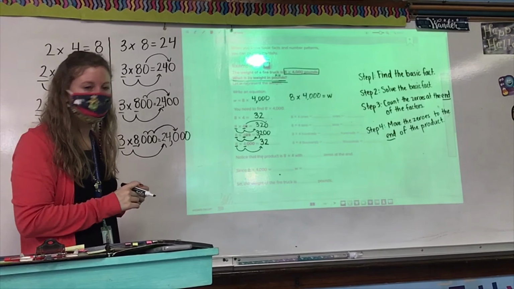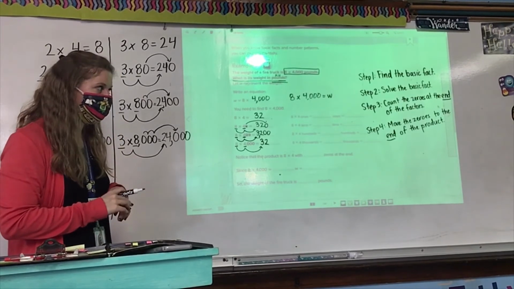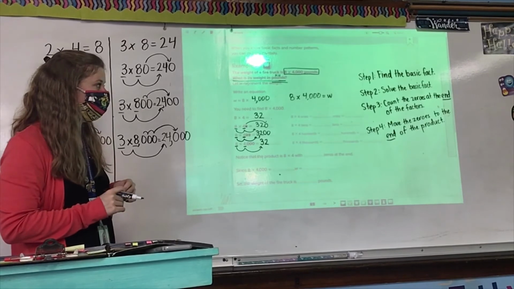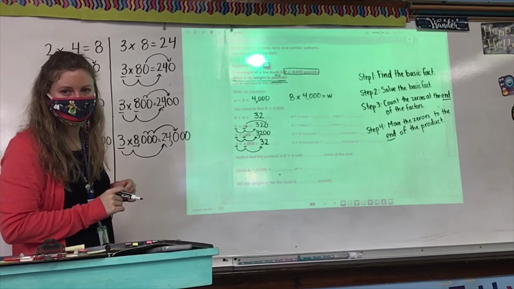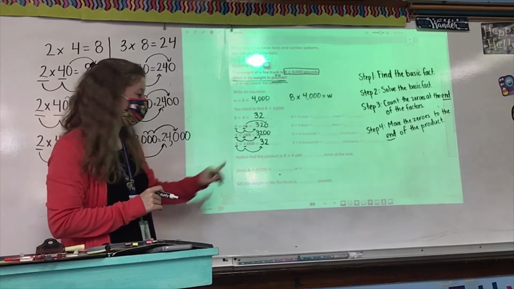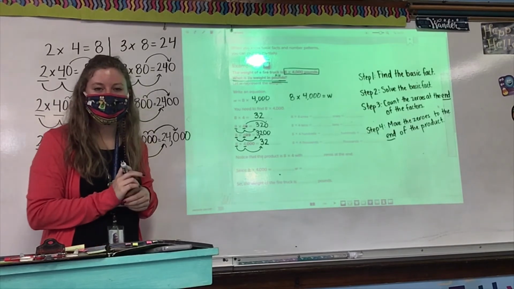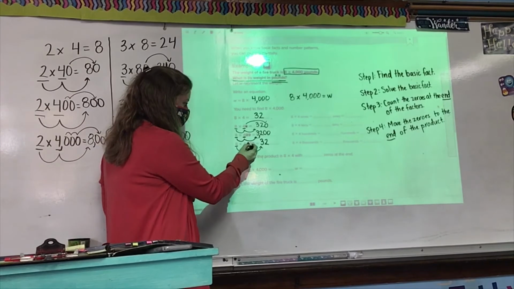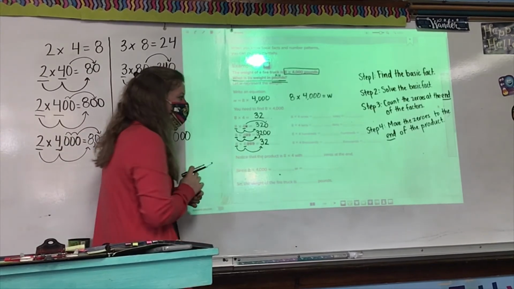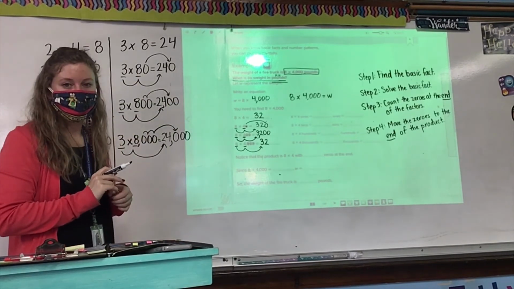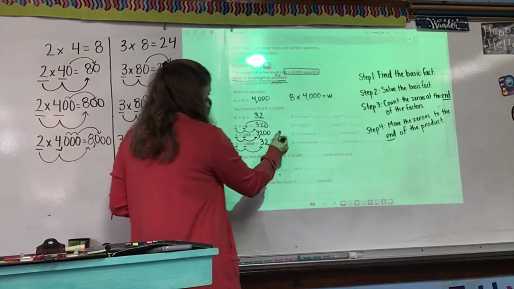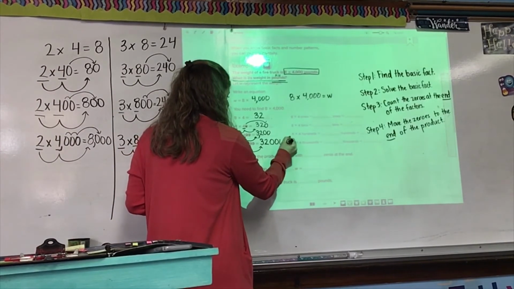Make sure you're muted. Now, step 3, Zari: count the zeros at the ends of the factors. How many zeros do we have at the end of the factors? 3. 1, 2, 3. Step 4: move the zeros to the end of the product. So I need to put 1, 2, 3 zeros.